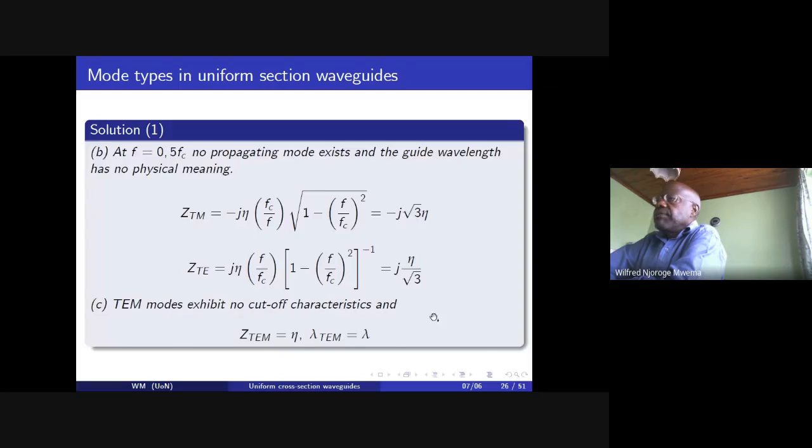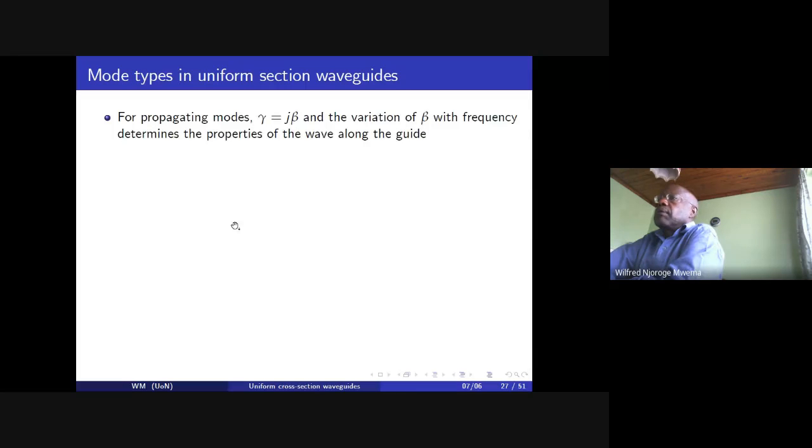So for propagating modes, we can say that gamma is going to be purely imaginary and given by jβ, and the variation of β with frequency will then determine the properties of the wave along the guide.